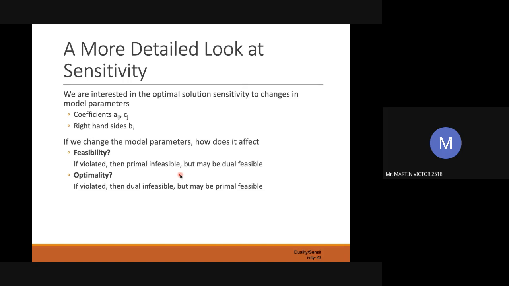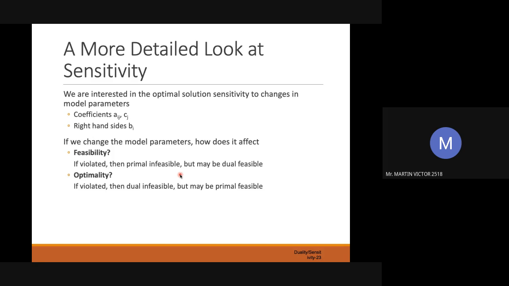That is where the analysis takes place. Similarly, on the right hand side, the b values are nothing but the resources available. When there is a change in the resources available, what would be the change in the solution as well?